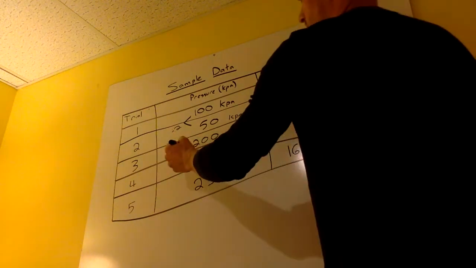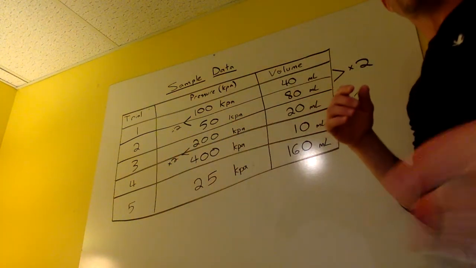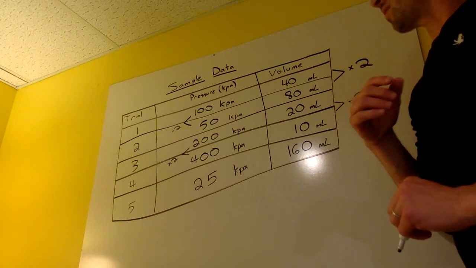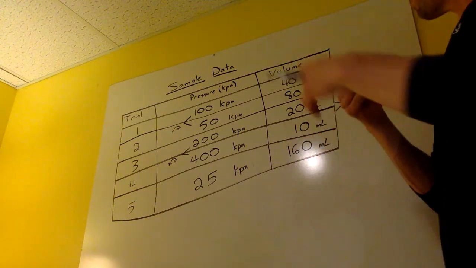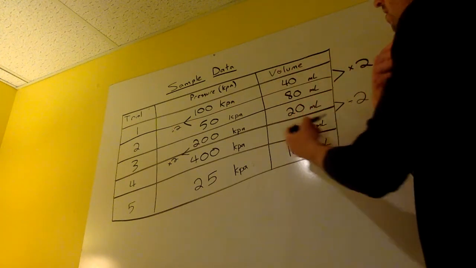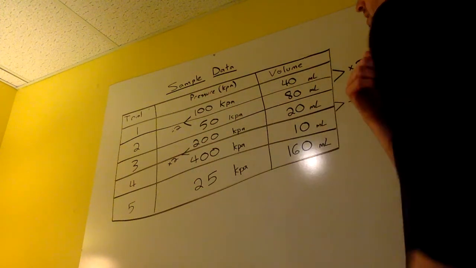What happens to my pressure? If you say it gets multiplied by 2, you are correct, all right? So it is inversely proportional. One goes up, the other goes down. My volume goes down, my pressure goes up. My volume goes up, my pressure goes down.